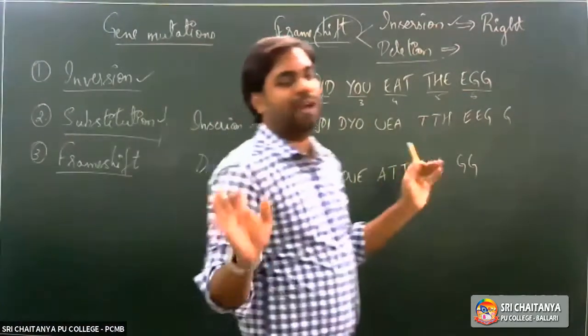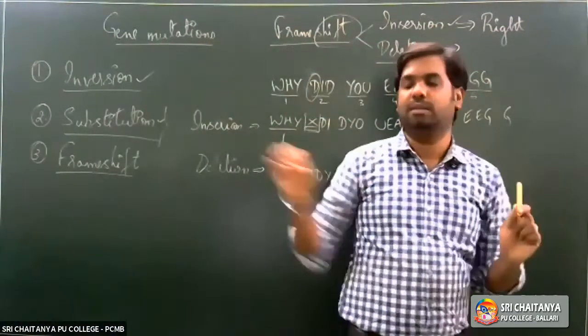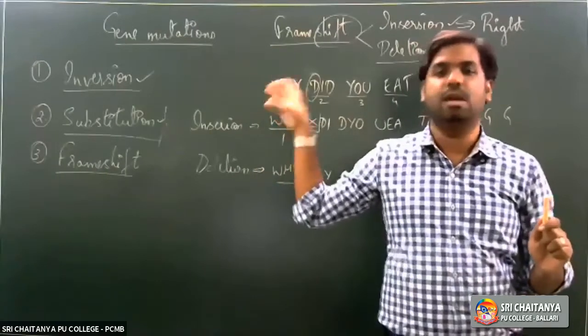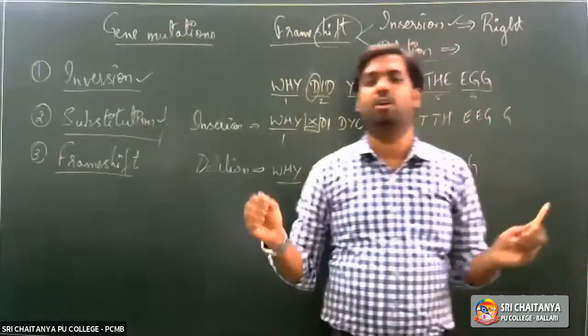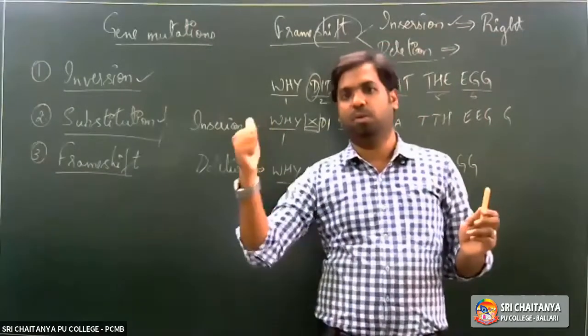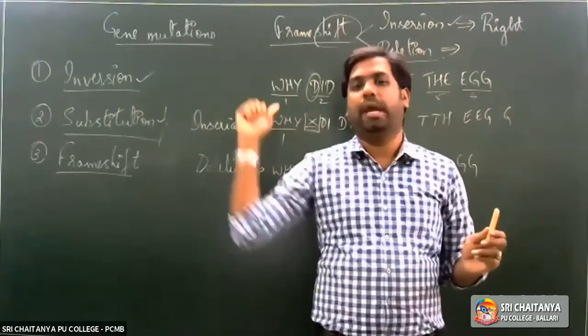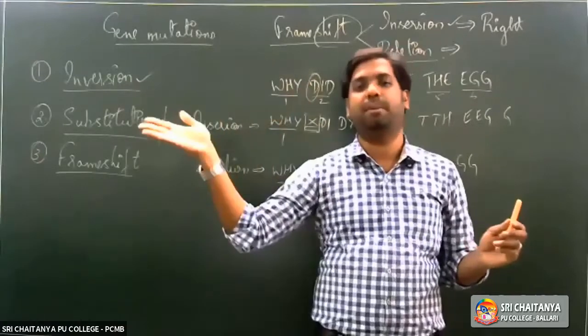On the whole, if you have to classify mutations broadly, this is the major classification we have. Mutations could be broadly classified into two categories: chromosomal mutation and gene mutation. In chromosomal mutation, there are changes happening in the chromosome.